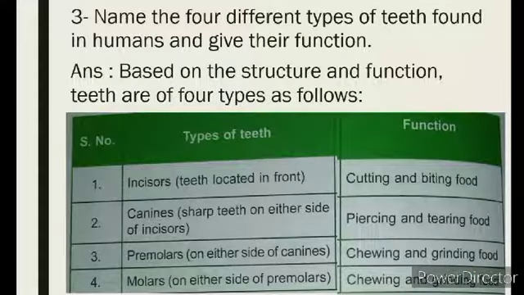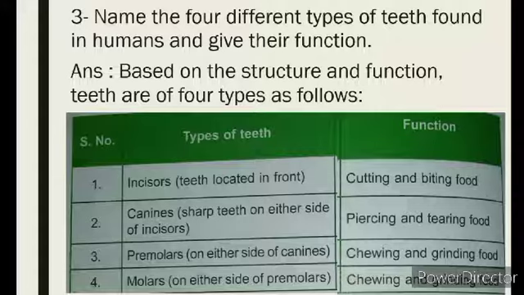So children, now we move on to question number 3. Name the 4 different types of teeth found in humans and give their functions. So children, you all know that teeth are located in our jaws, both lower and upper, in the mouth cavity. They are fixed to the gums.